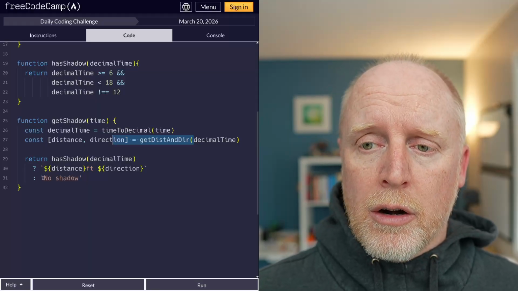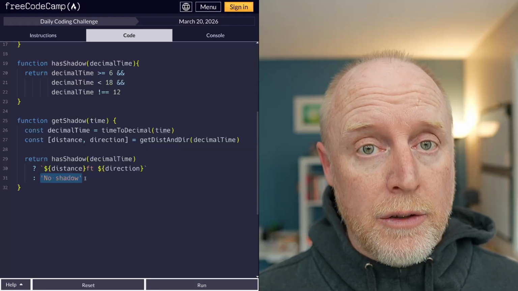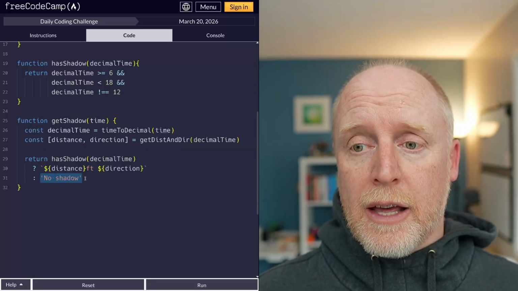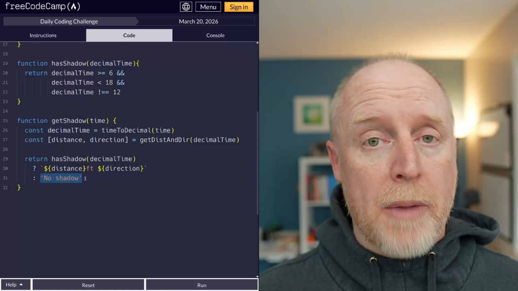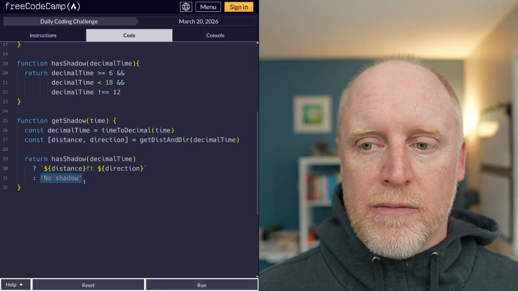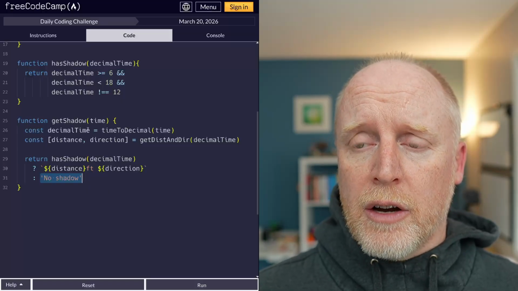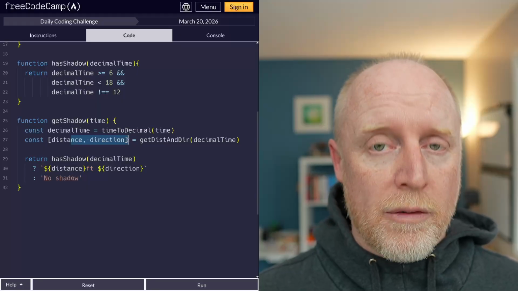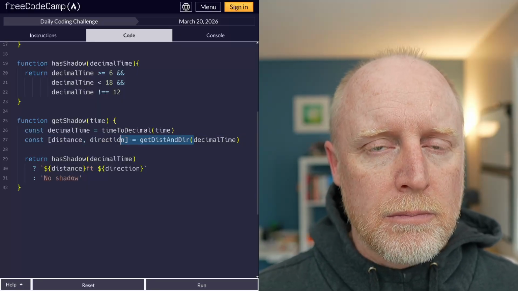But there are at least 12 hours where we don't need to, right? From midnight to 6, and then from 18, which is 6 p.m., all the way back to midnight. And of course, the very exact 12 noon, high noon, okay? So there are slightly better than 12 hours where this math doesn't really make sense, right?